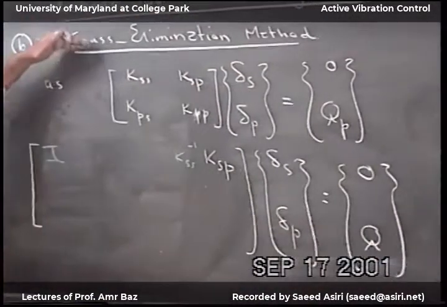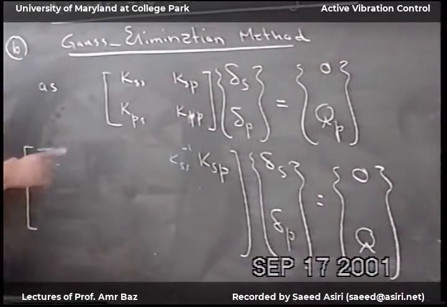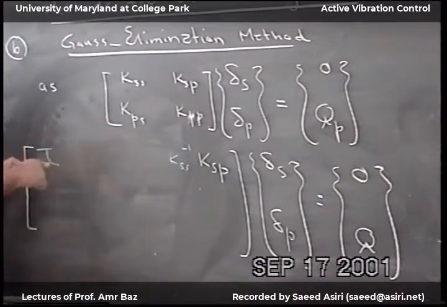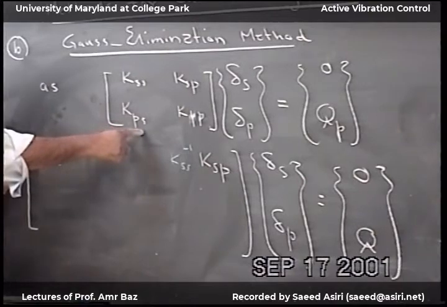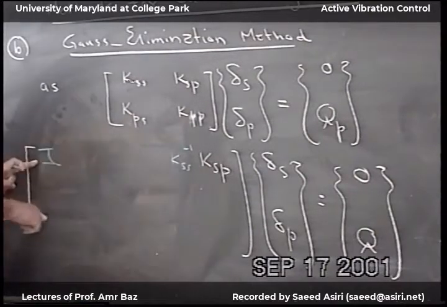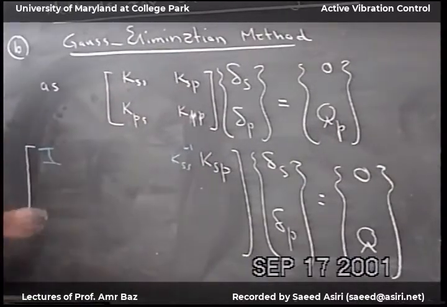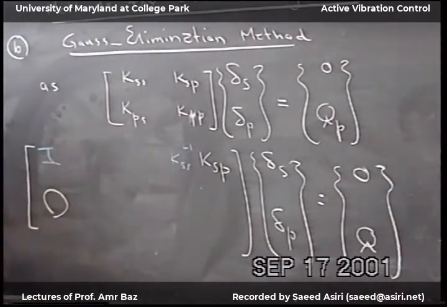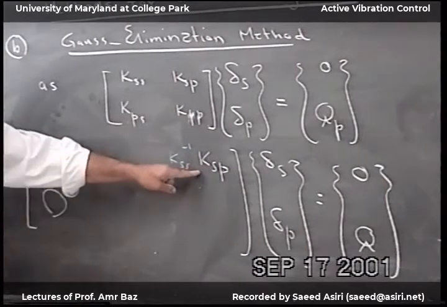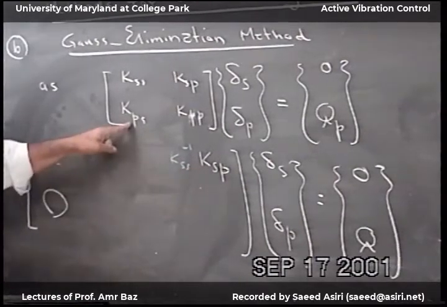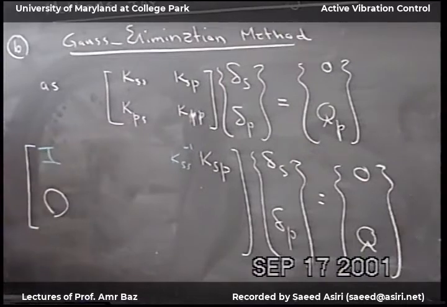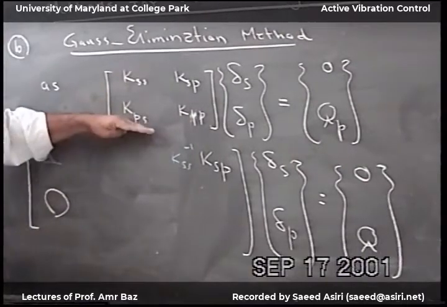Now to complete the Gauss elimination, I'm going to multiply this row by KPS, or negative KPS, and add it to the second row. So I eliminate this term. So now this becomes 0 matrix. So I'll take this row and multiply it by KPS minus. And then add it to the second row.